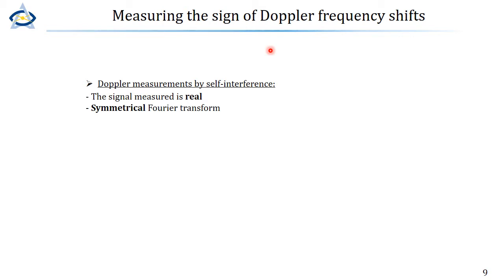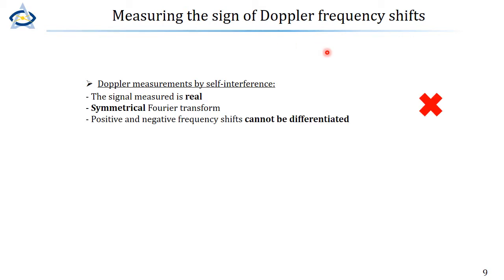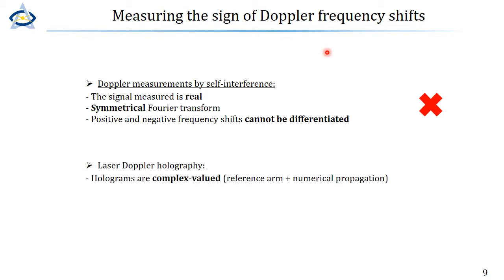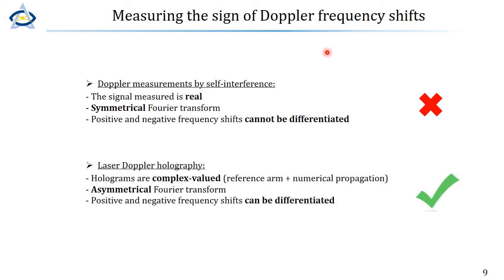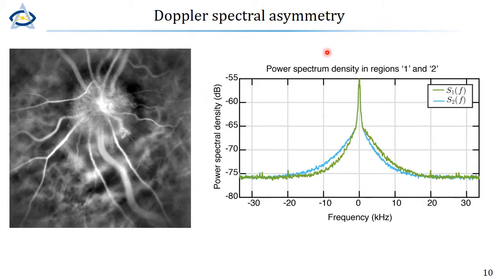It's a mathematical law, and positive and negative frequency shifts cannot be differentiated. But with laser Doppler holography, as you're doing your Fourier transform on complex valued holograms, because of the numerical propagations, you have an asymmetrical Fourier transform, which means that you can make the distinction between positive and negative frequency shift. So in theory, you can do this measurement.